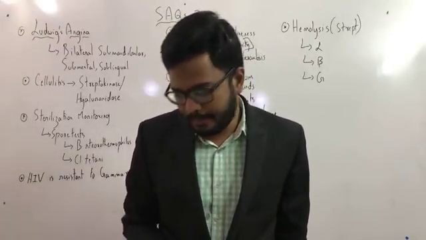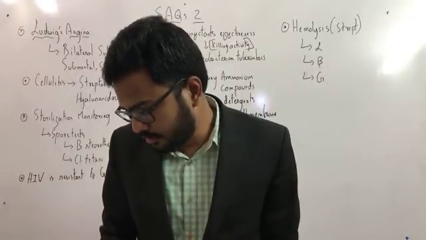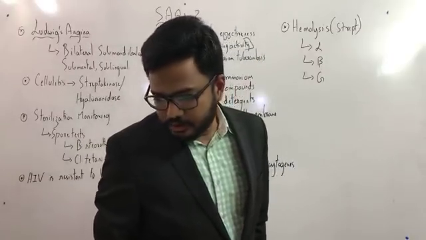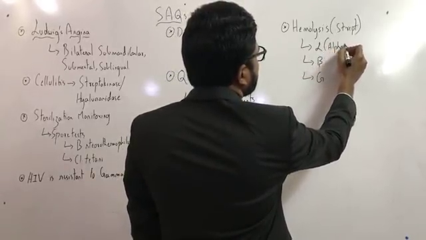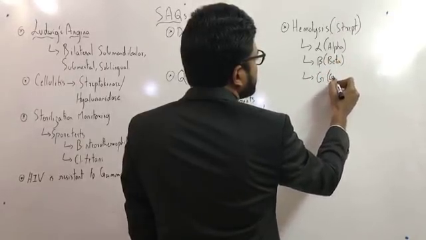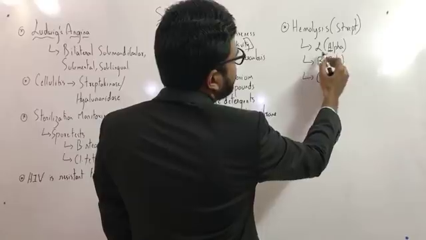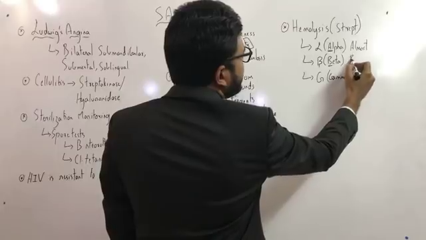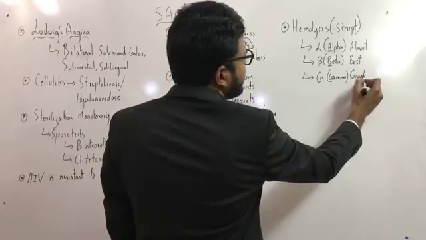So remember, if I write down alpha, this is beta, and this is gamma. Alpha you have A, A means almost. Beta you have B, B means best. Gamma you have G, G means garbage.